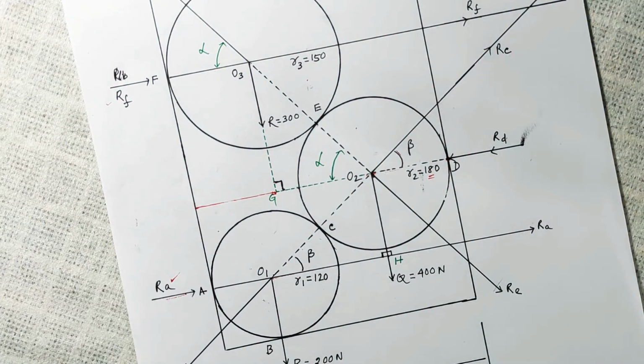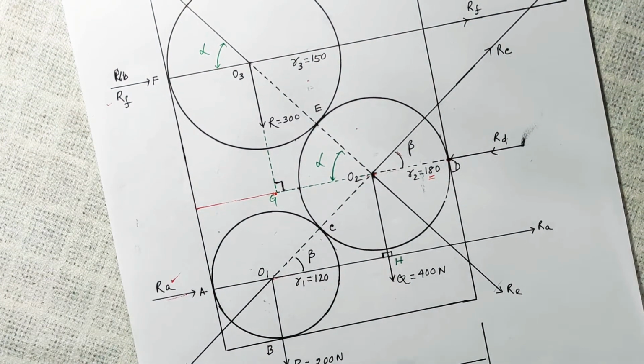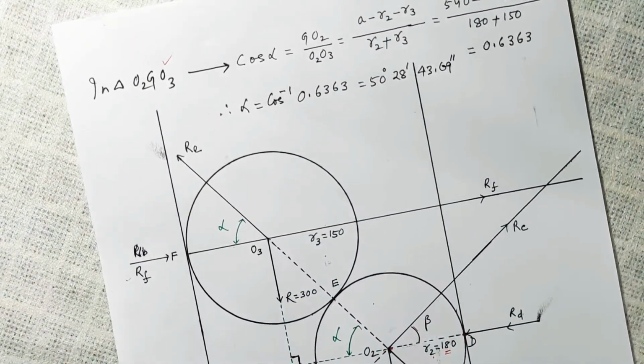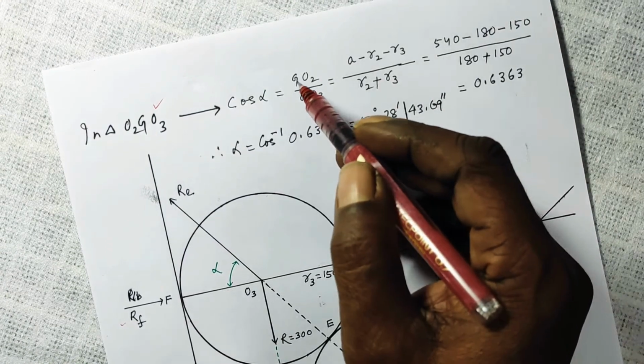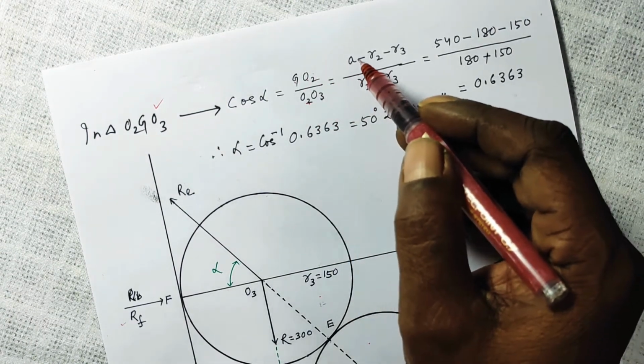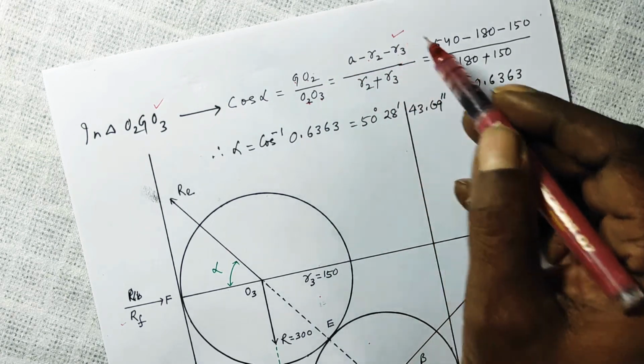So O2G is equal to A minus R2 minus R3. So your cos alpha is equal to GO2 over O2O3.